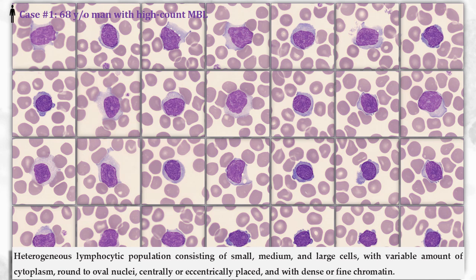The smear also revealed a heterogeneous lymphocytic population consisting of small, medium, and large cells, with variable amount of cytoplasm, round to oval nuclei, centrally or eccentrically placed, and with dense or fine chromatin.